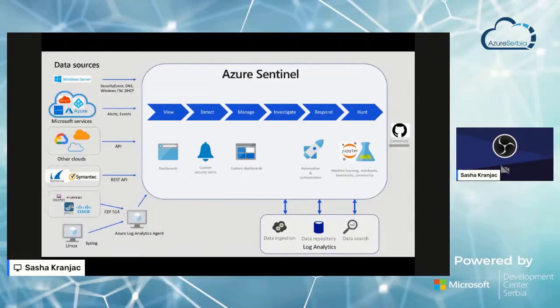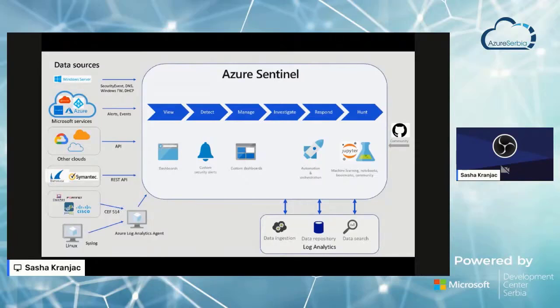We can also have some custom dashboards tailored to our needs. Then we have the investigation tools, and also the response tools, which can be manual or automated, as well as hunting, where we can search for and find anomalies in more detail.